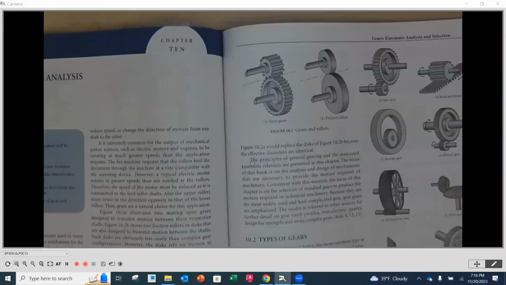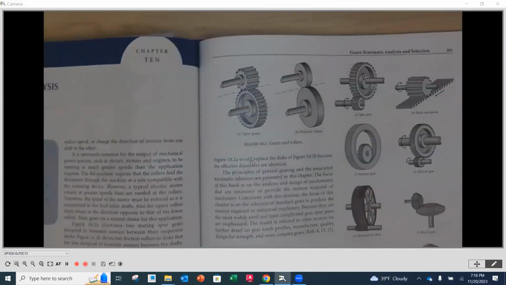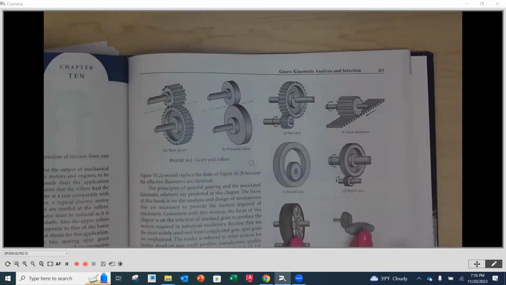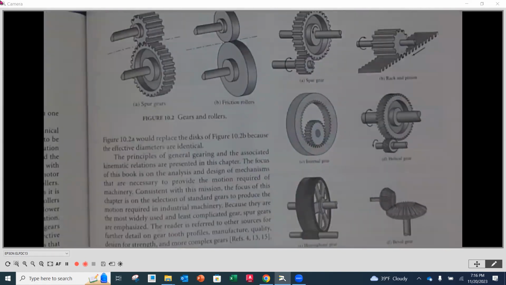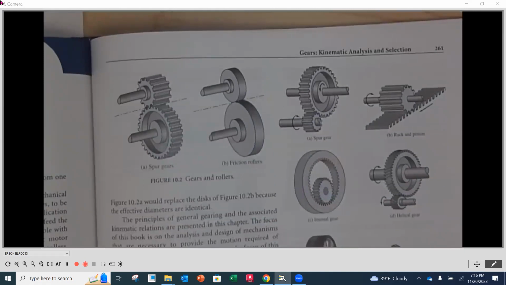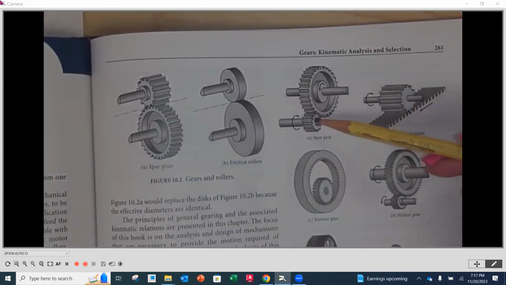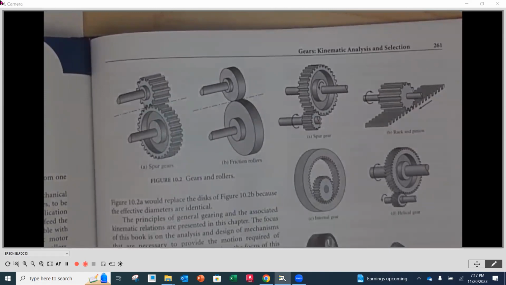When we look at this column right here, we're going to be focusing on the different types of gears and seeing them side by side to see how they're different. So the first set that we have here is what we call spur gears. A spur gear is going to be the most popular type of gear, most run-of-the-mill, entry-level gears, and they're that classic look.